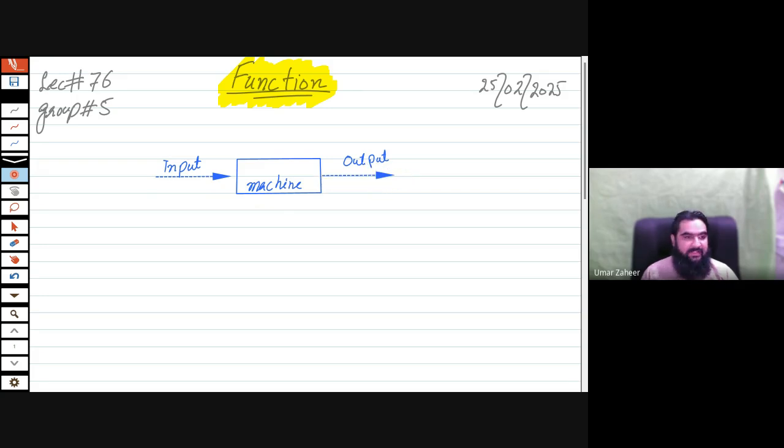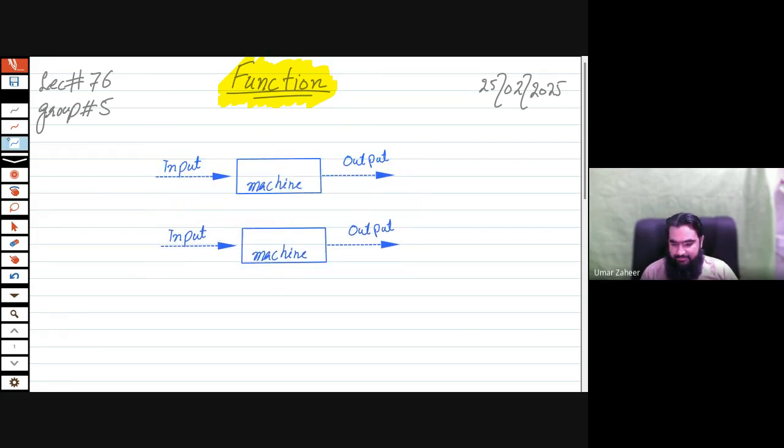No. This means it depends upon the machine: it takes a specific input, processes it according to the machine, and gives you the output. In the same way, the function works.